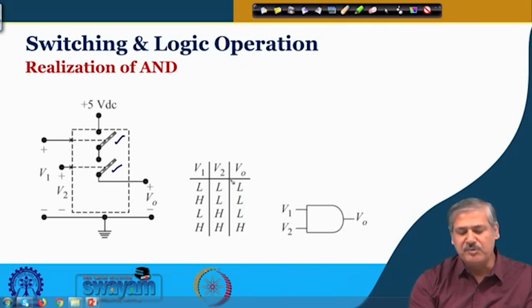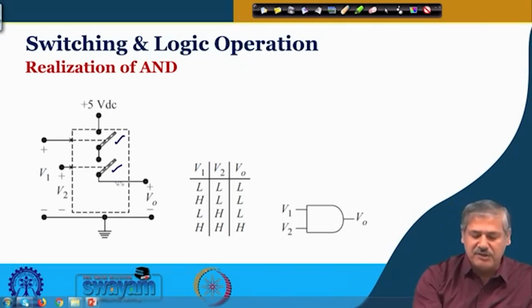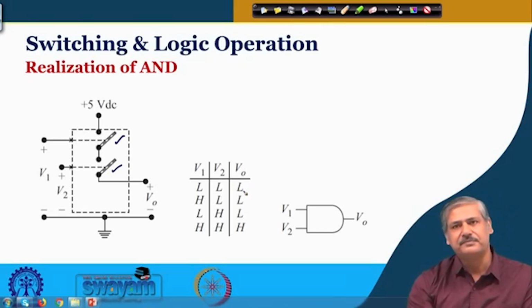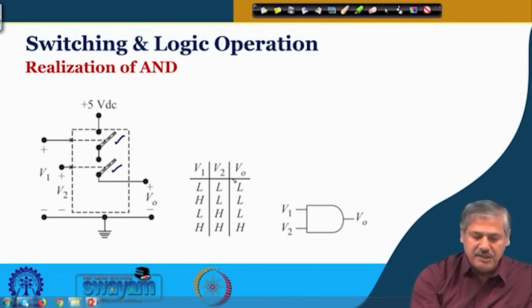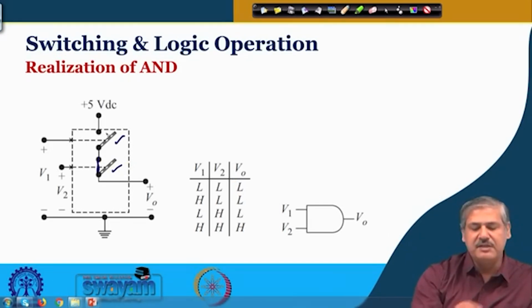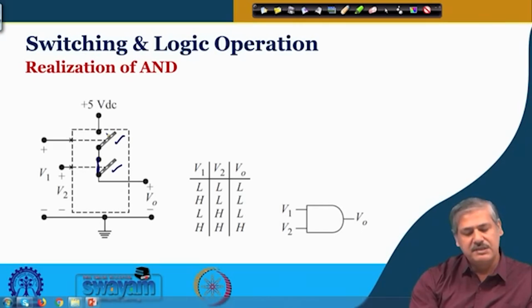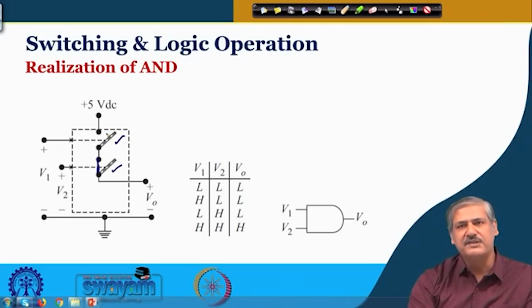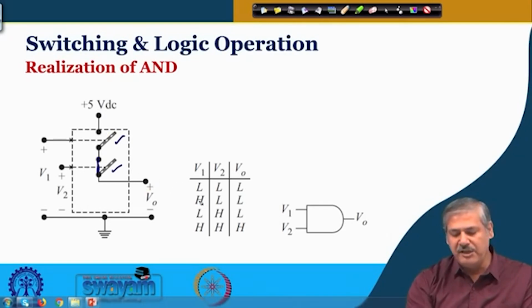This 5 volt cannot come to the output. Okay. So, the value of the output is low. Is it okay? Now, if you close one of them, say this is closed, but this remains open, still the situation remains the same, the output will not get the value, it's 5 volt. So, if any of them is low, you see the output is low.